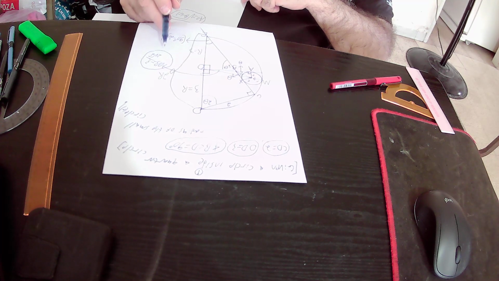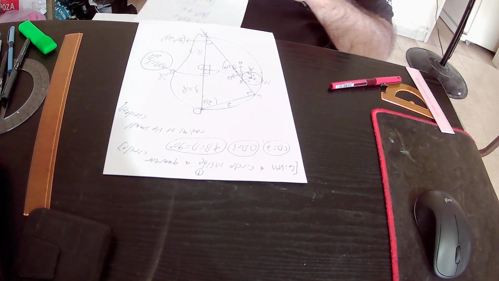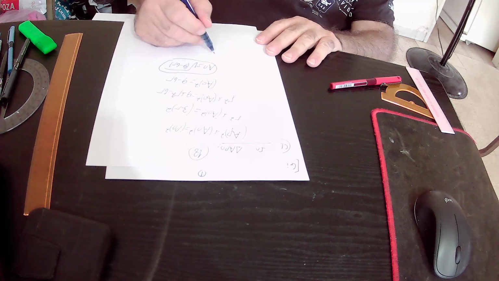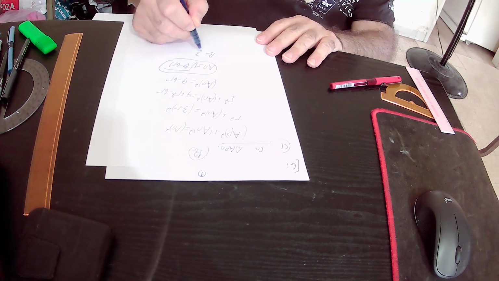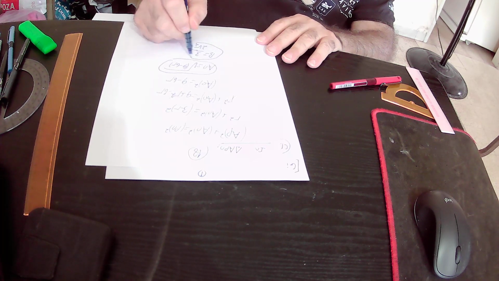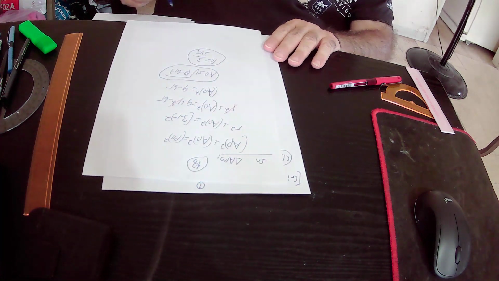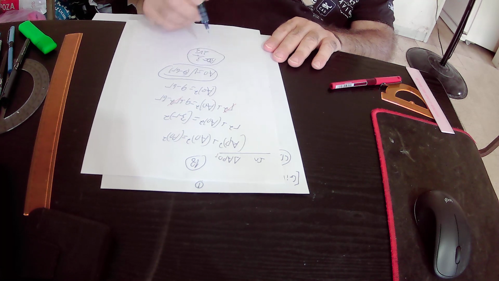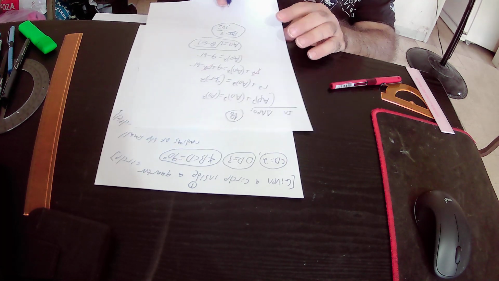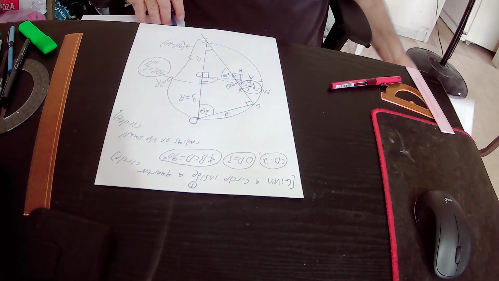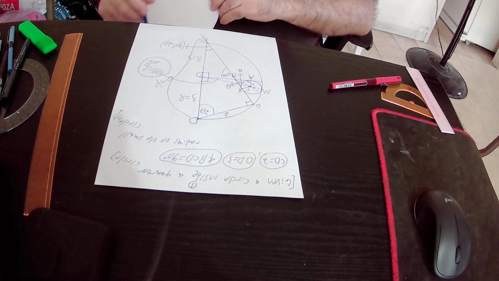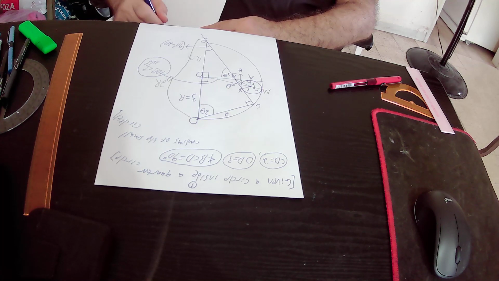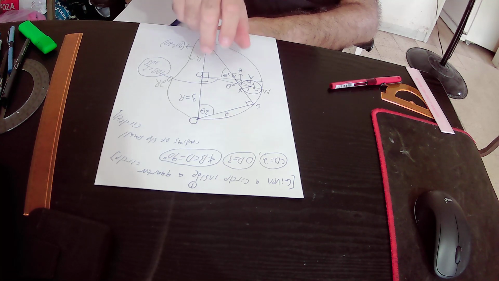BO equals 3 over 2 times root 2. And what is the value of AB? AB equals AO minus BO.